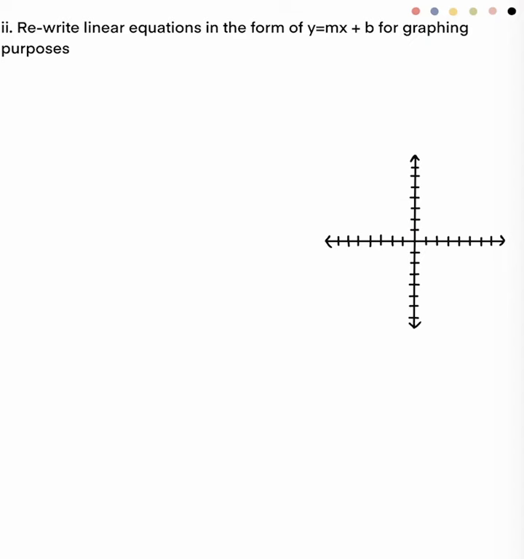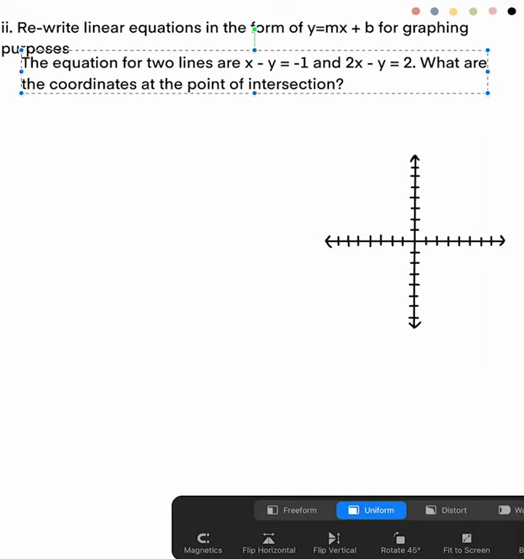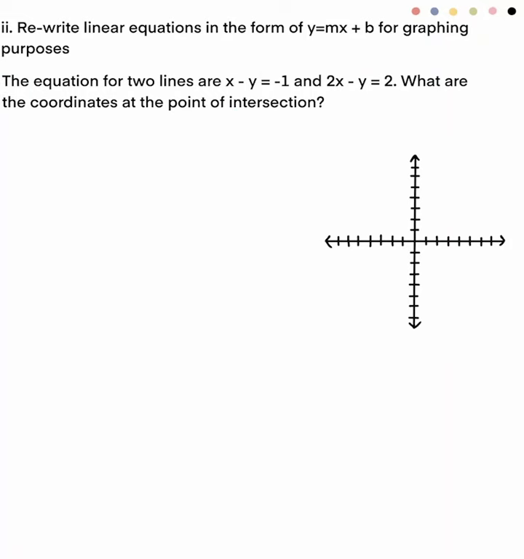Let's see if I can pull up a question here. Let me move that in a better spot for us to see. It says the equations for two lines are x minus y equals -1 and 2x minus y equals 2. What are the coordinates at the point of intersection?